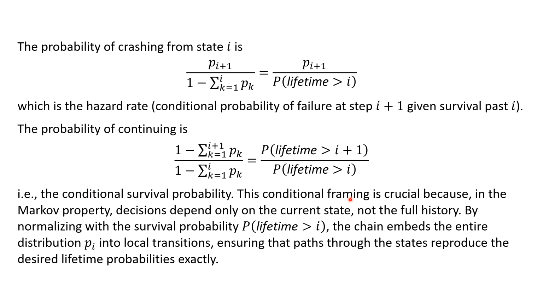This conditional framing is crucial because in the Markov property, decisions depend only on the current state, not the full history. By normalizing with the survival probability, the chain embeds the entire distribution P sub I into local transitions, ensuring that paths through the states reproduce the desired lifetime probabilities exactly.